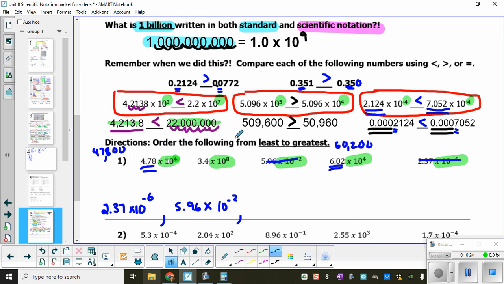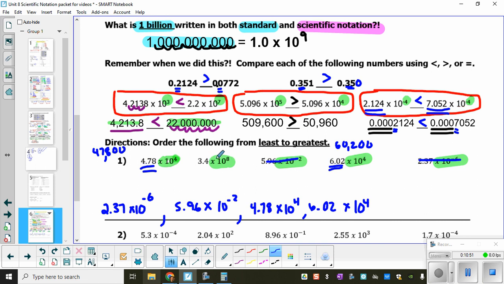So between those two, obviously 47,000 is smaller than 60,000. So like I said, if the exponents tie, 4.78 is smaller than the 6.02. All right. So we took care of the tied exponents, and again, 4 came before 6, so that's how we decided there.